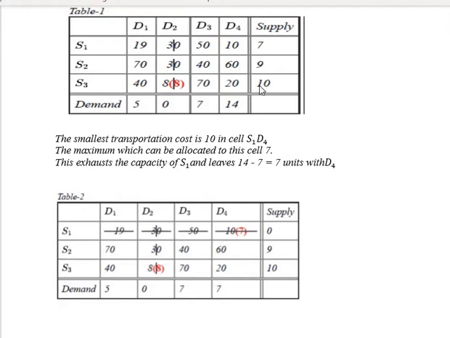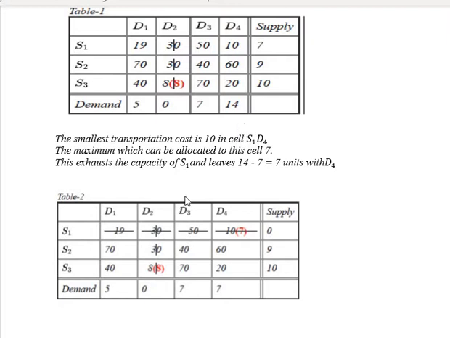That is given by the minimum of 7 and 14, that is 7. So we can give the maximum value 7 to the cell S1D4. This exhausts the capacity of S1 and leaves 14 minus 7 equal to 7 units with D4.